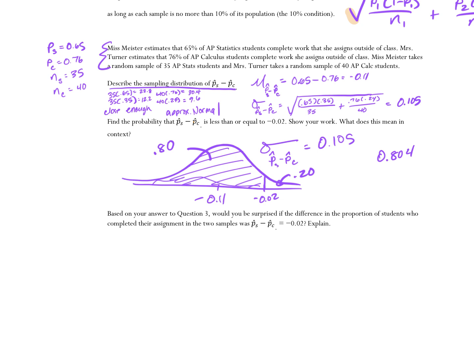So is that a real surprising number? This feels like 20% of the time is 1 in 5, right? It's not crazy, because you could get higher than it 20% of the time. Okay, so when answering questions about would you be surprised if, one of the things you want to start doing is tying that to probabilities of that value or more extreme. Okay, so the negative 0.02 is larger than expected.